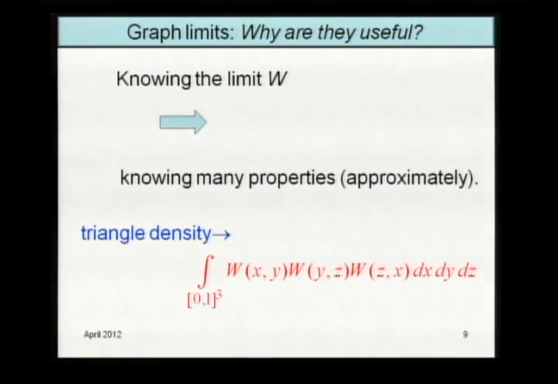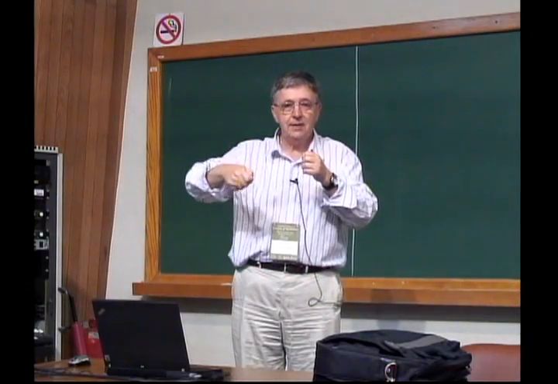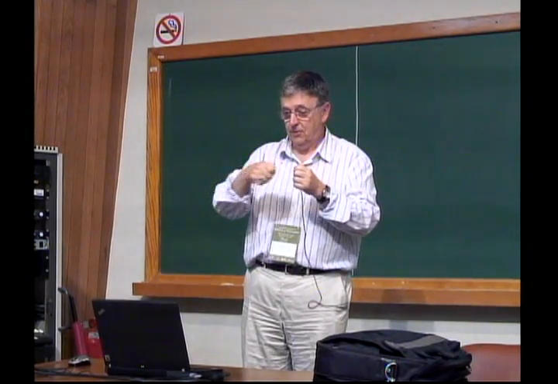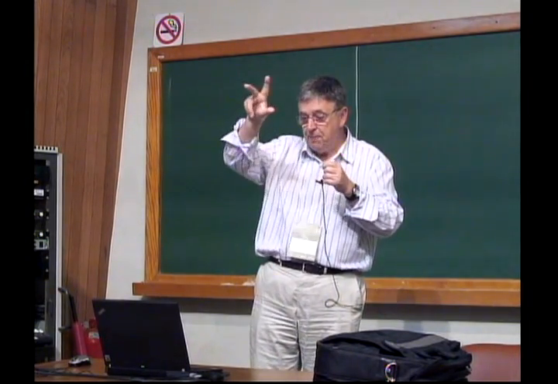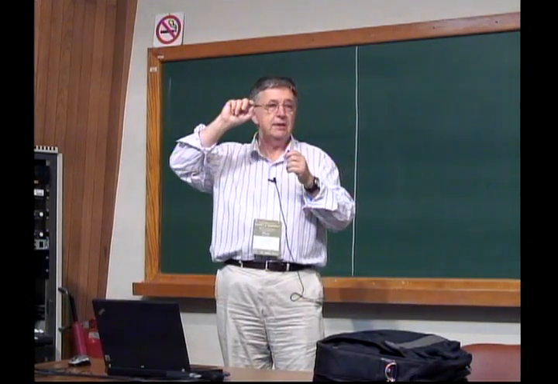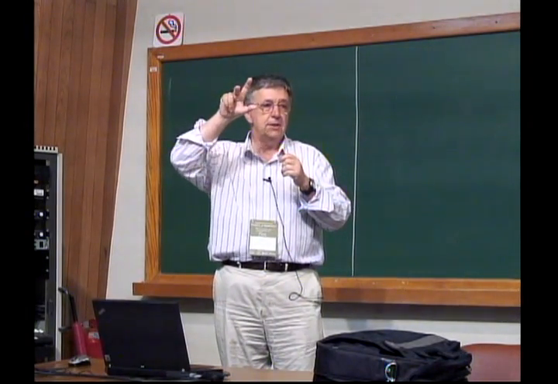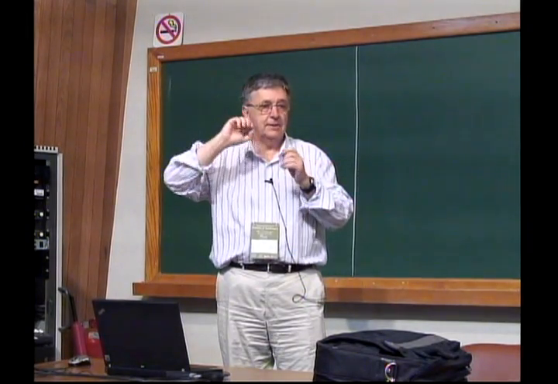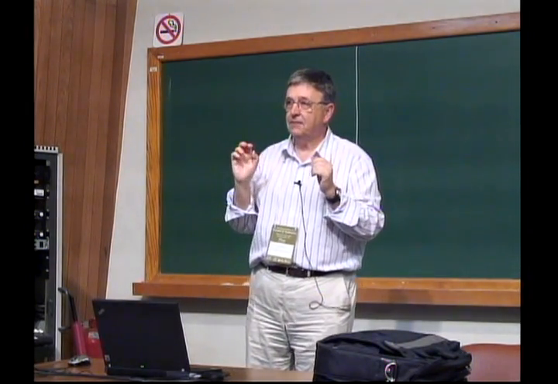So triangle density means: what is the probability that if you start at a random point and you make 3 steps, you get back to where you were? Or you pick out 3 points. What is the probability that you see a triangle? That's the definition of the triangle density.